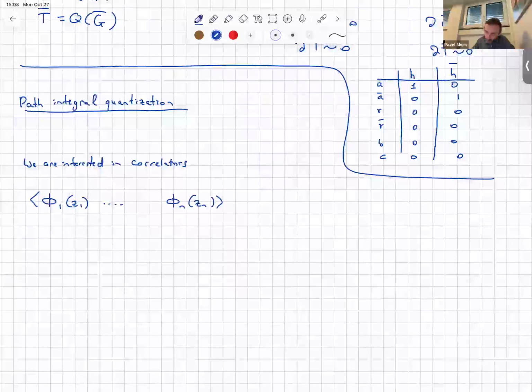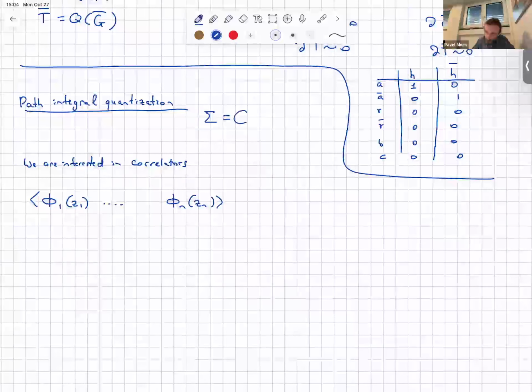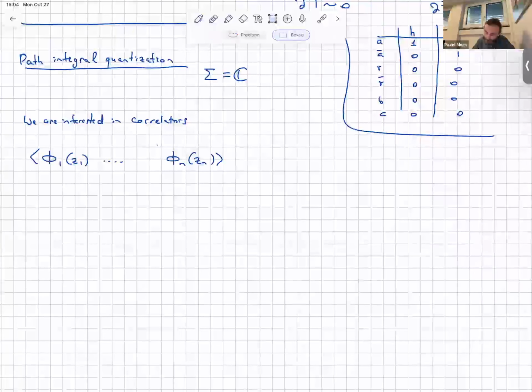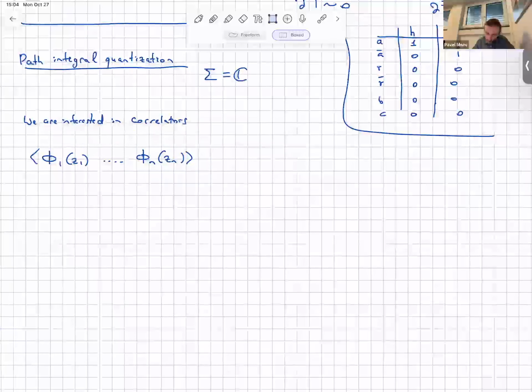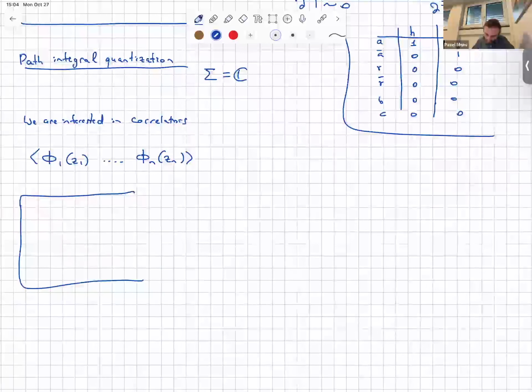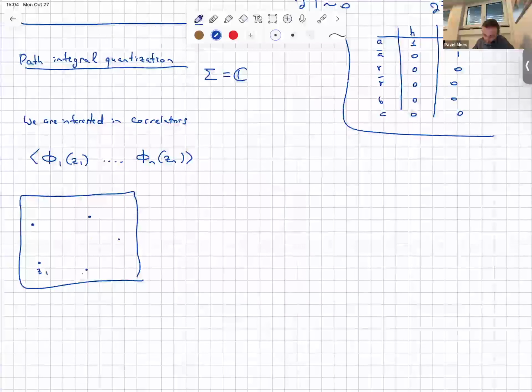By the way, I want to fix my surface to be C, so I want to be on the complex plane. On the plane, I have marked several distinct points, z1, z2, and so on, zn. And I want to put fields at different points.